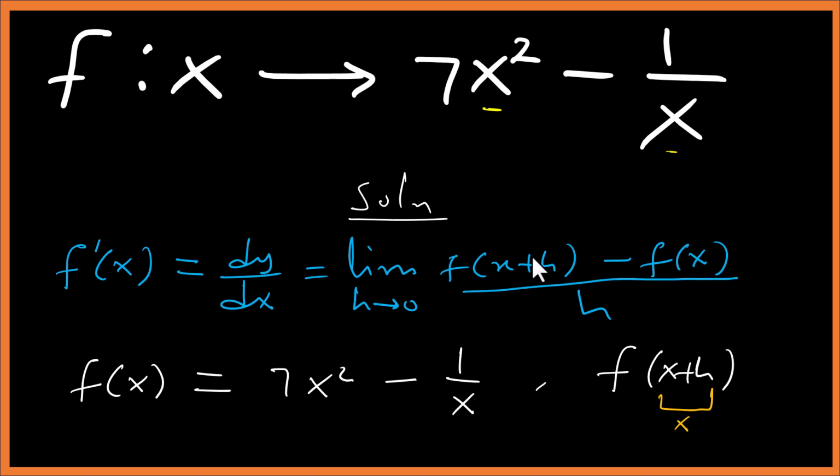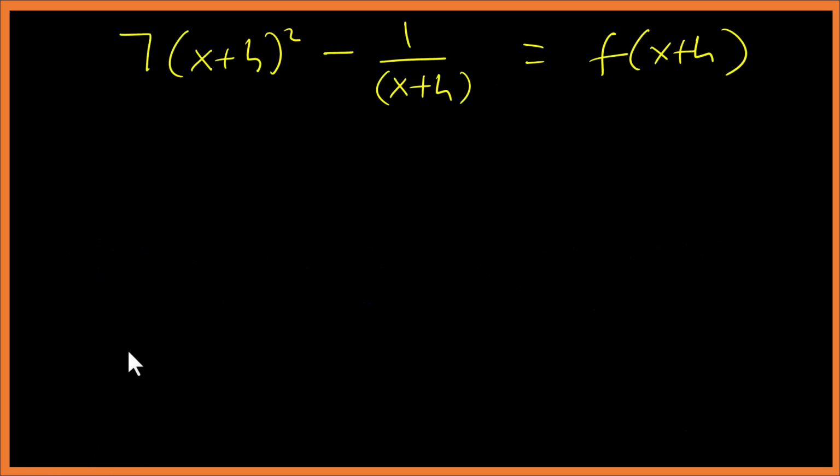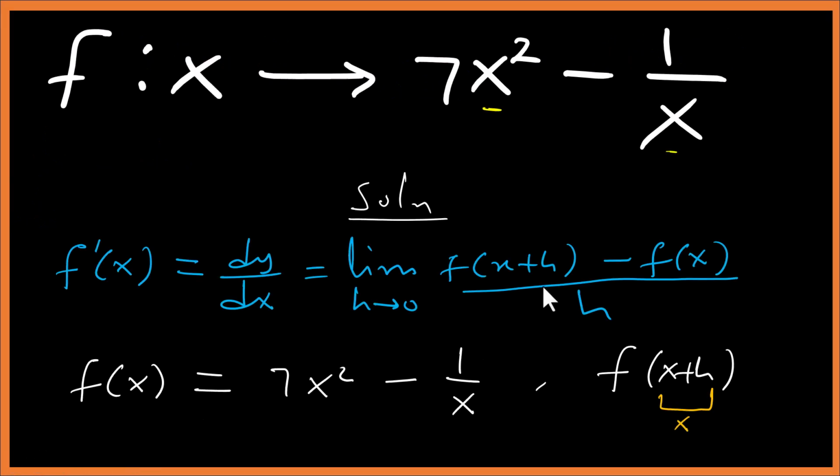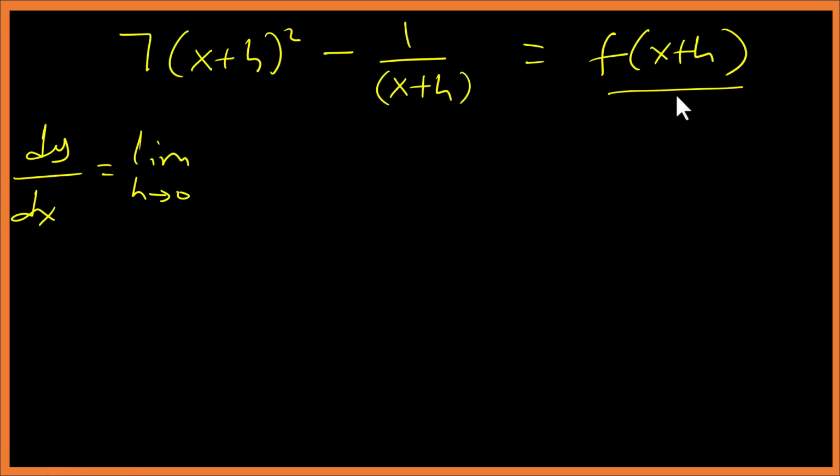So let's do the substitution. I'll start from dy/dx. So we have the limit as h approaches 0 of f of x plus h minus f of x, and f of x plus h is here: 7 times x plus h all squared minus 1 over x plus h.